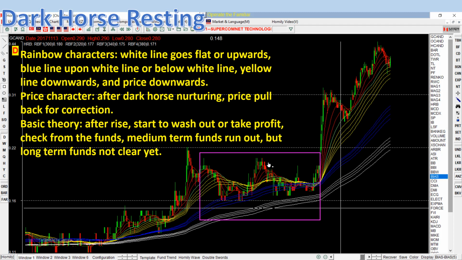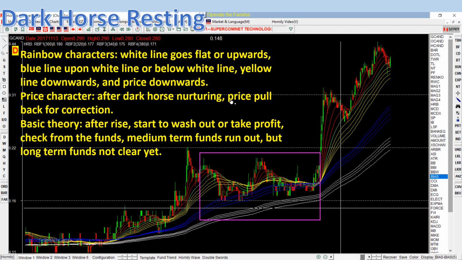The price character is that after the dark horse smoothing, the price pulls back for correction. So here is the correction area. At this time you need to rest because the dark horse also rests. So you must rest also.